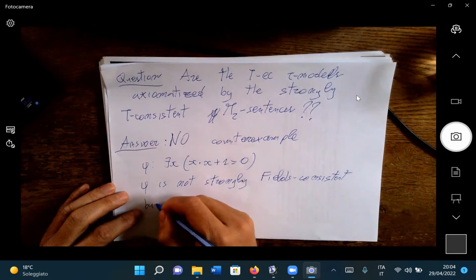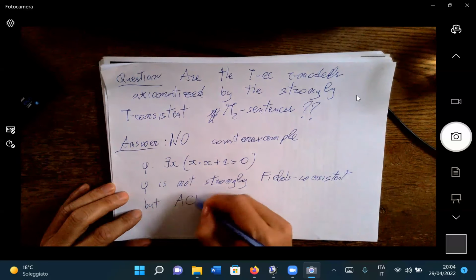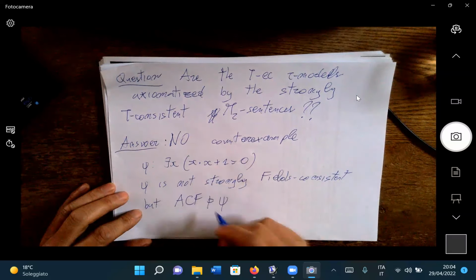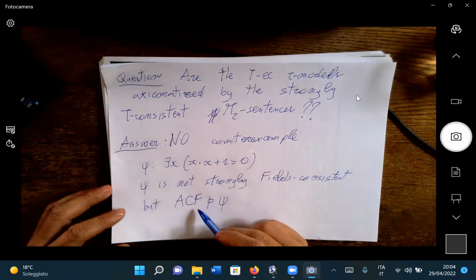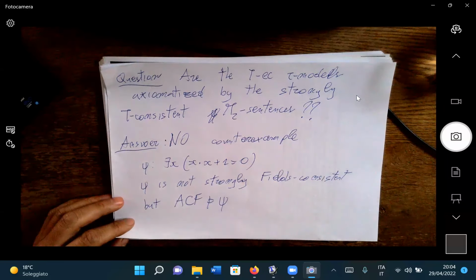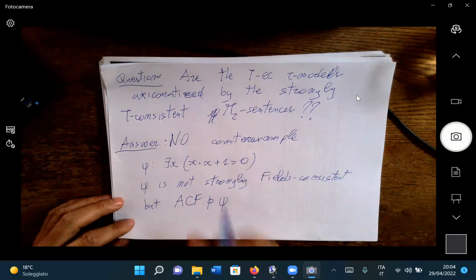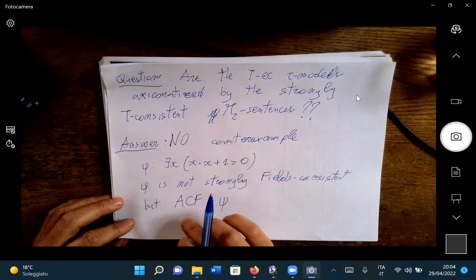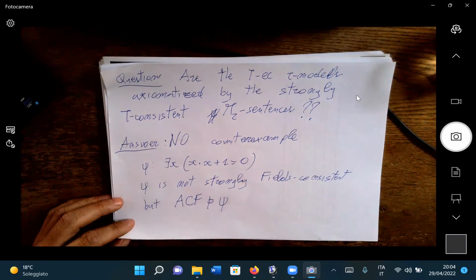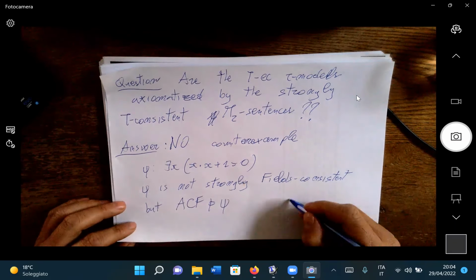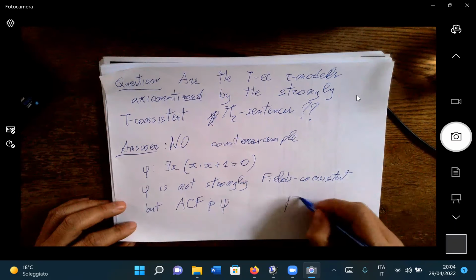But ACF models C. C is true in every algebraically closed field, and one can check that algebraically closed fields are exactly the existentially closed models for the theory of fields. Okay.